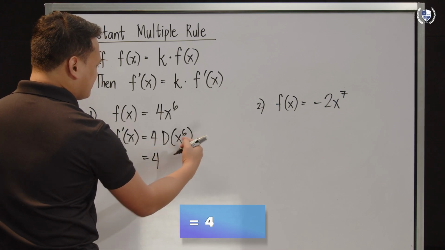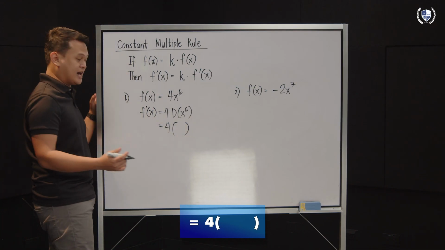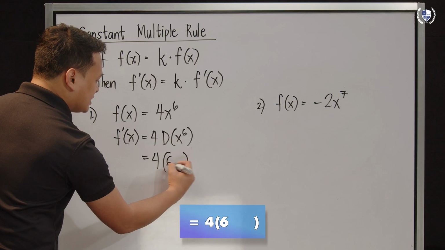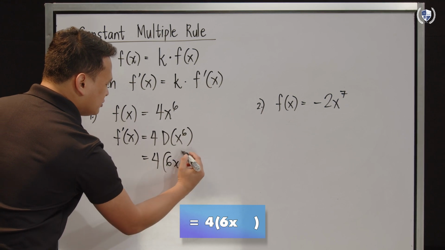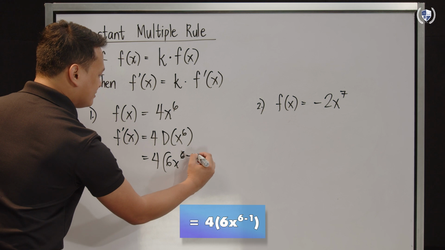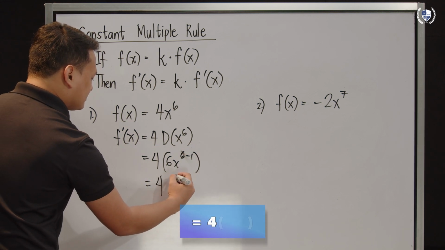What is the derivative of x raised to 6? Di ba meron tayong power rule na diniscuss kanina lang na kung saan ibababa natin tong 6 as a coefficient and then x raised to yung 6 na original niyang exponent minus 1. Close parenthesis. So this is just equal to 4 times 6.